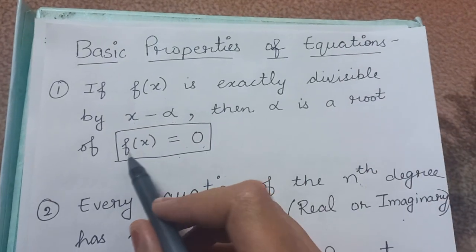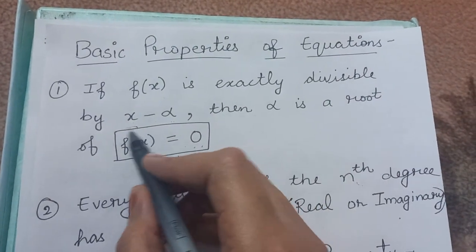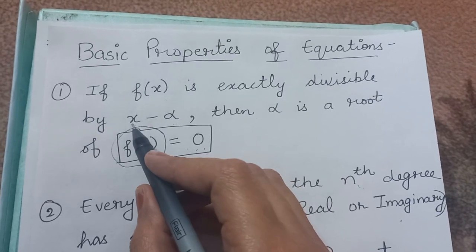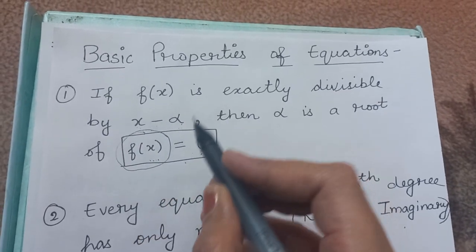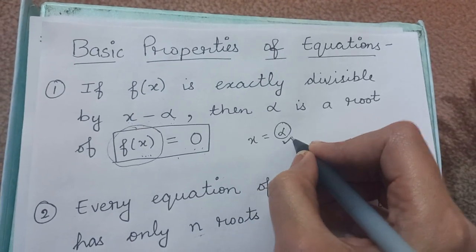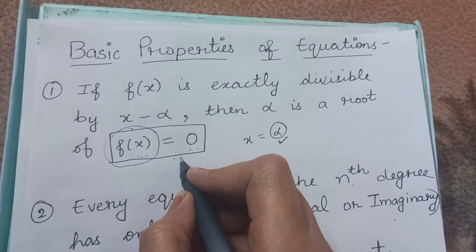Obviously, if this is the equation and the left hand side f of x is exactly divisible by this x minus alpha, then x equals alpha. This alpha is a root of this equation, right?